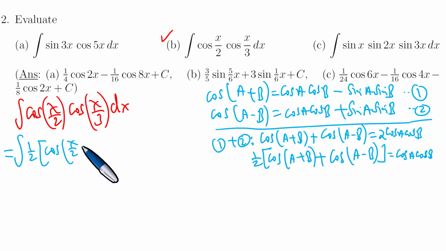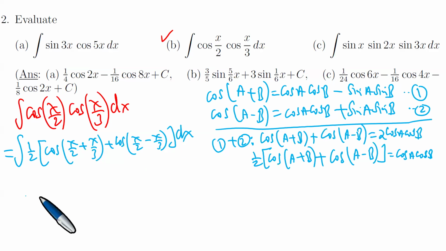So it's going to be x over 2 and then x over 3. You add the angles. And then we have plus the cosine, and then you take this one, x over 2, you minus x over 3, dx.